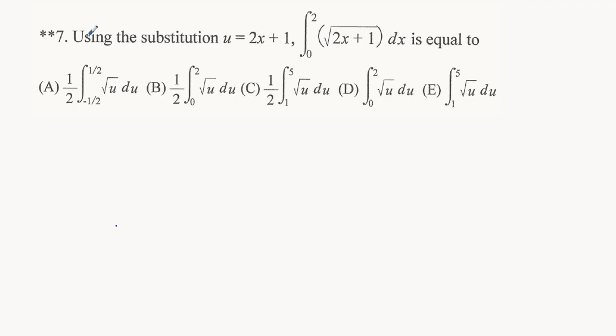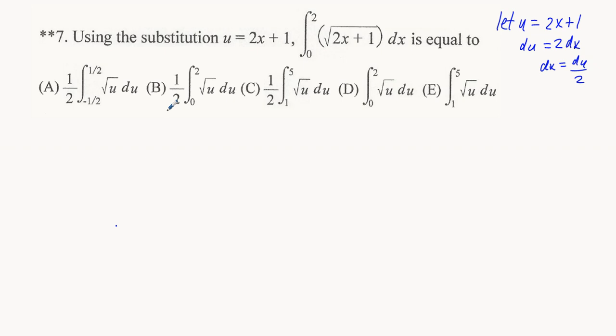Now the last one we're looking at says, using substitution u equals 2x plus 1, the integral from 0 to 2 of the square root of the quantity 2x plus 1 dx is equal to. So if we let u equal 2x plus 1, then du is going to be equal to 2 dx, and therefore dx is going to be equal to du over 2.